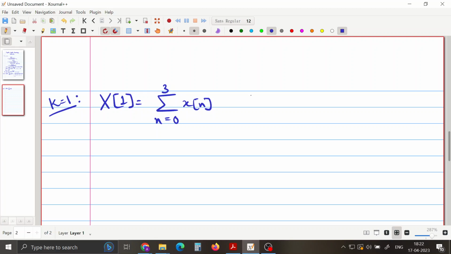So now if you just expand it, the first term is easy because e power 0 will be there, and the second term you will have e power minus j 2 pi by 4, because you are putting n equals 1 for the second term.